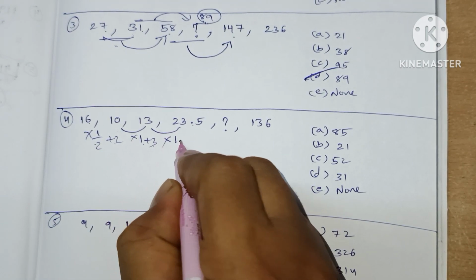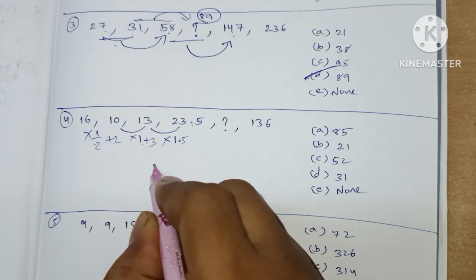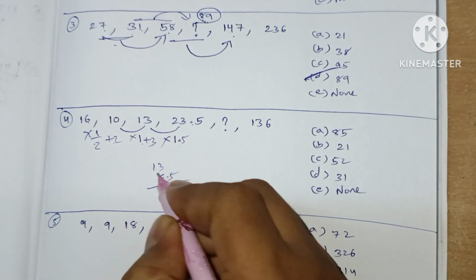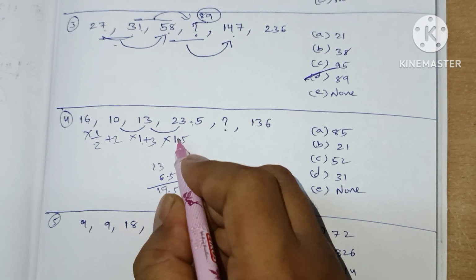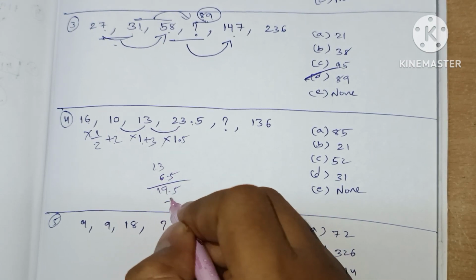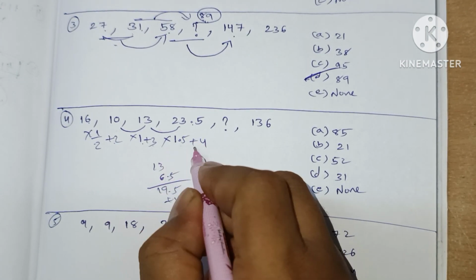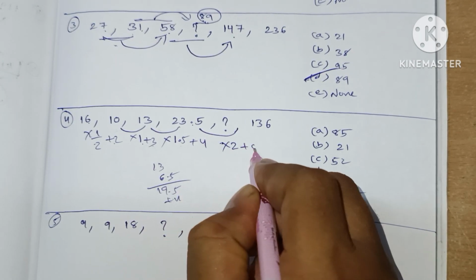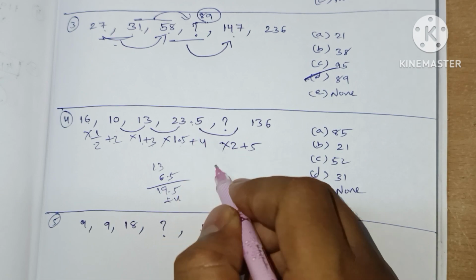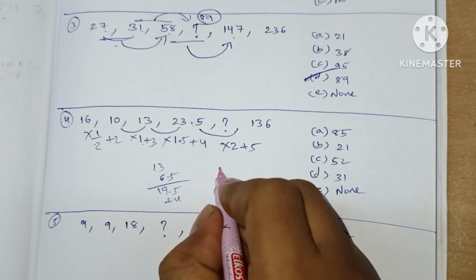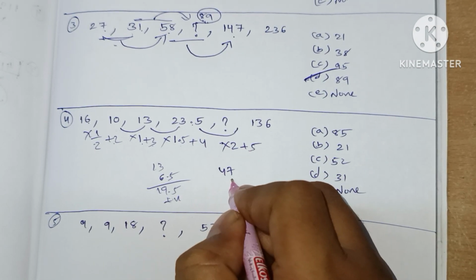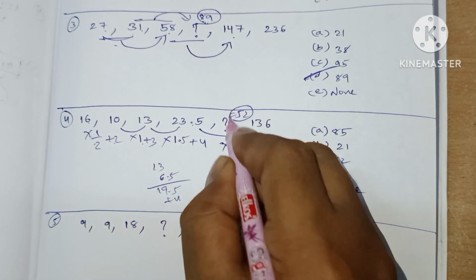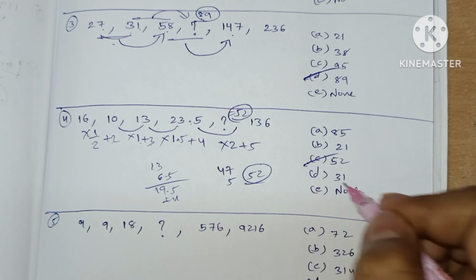Next, 1.5 times. 13 1.5 times means 13 plus 6.5, which will be 19.5. We get 23.5 means plus 4. So 1.5 plus 4. The next one must be into 2 plus 5. 23.5 into 2 means 47, and 5, 52. 52 is our answer. Option C is our answer.